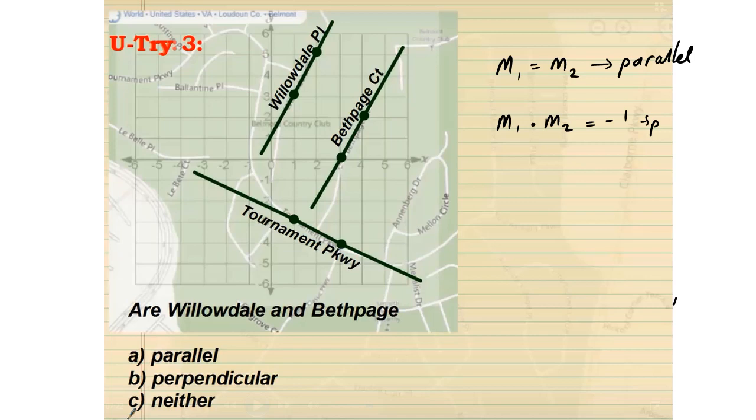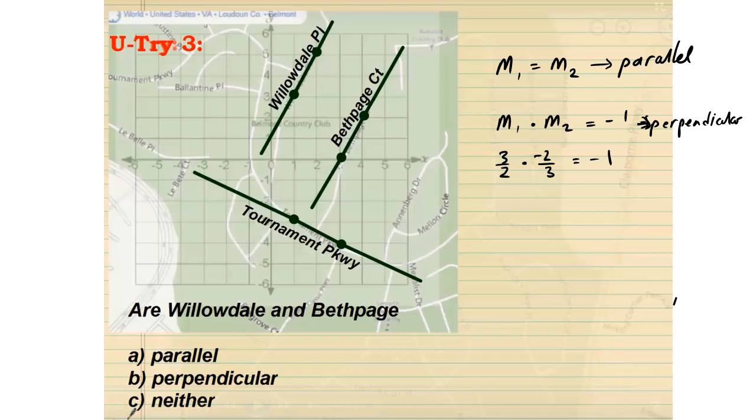Then we would say these lines are perpendicular. Here, for example, if we have 3 over 2, the negative reciprocal of that would be -2 over 3, and their product is -1. That's a case where two slopes are perpendicular.